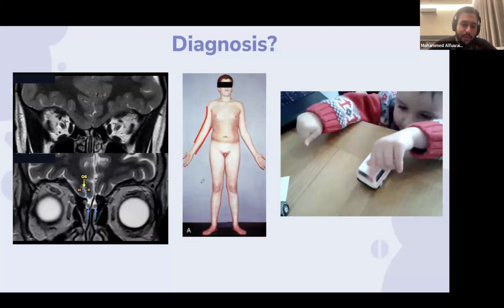You do imaging. You see, this is normal down here. This is abnormal. What's the defect? Okay. Here, you will have absence of the olfactory bulbs, which is what's causing the anosmia.